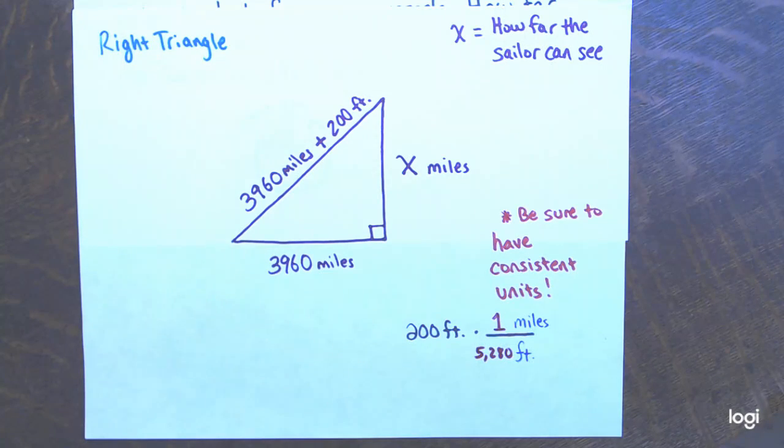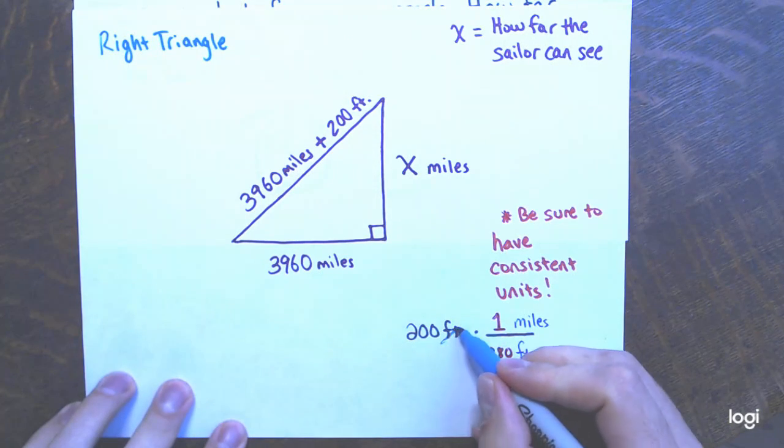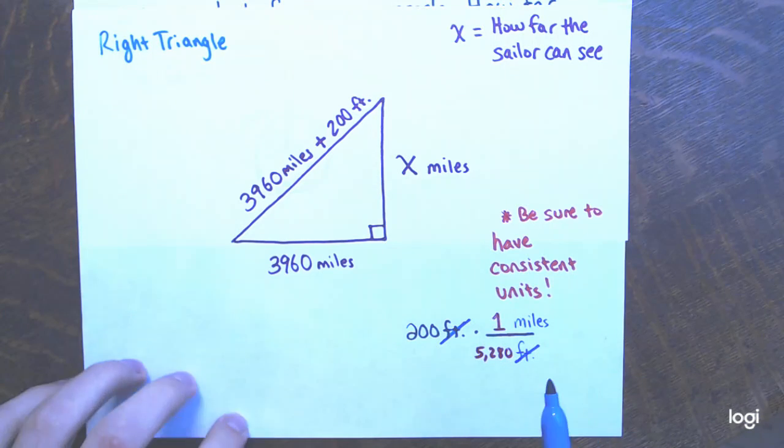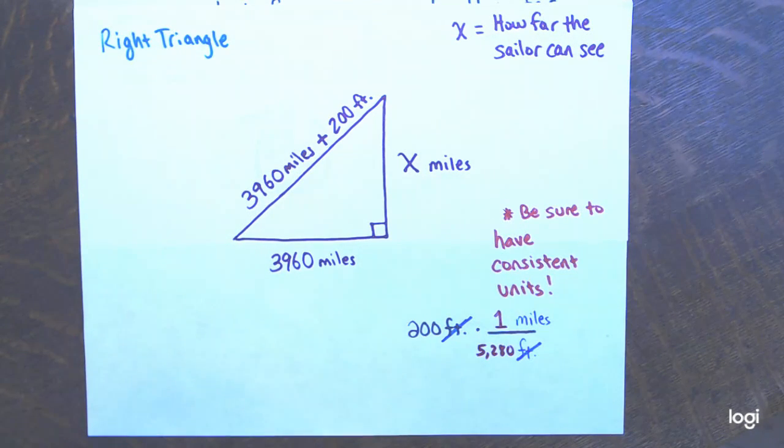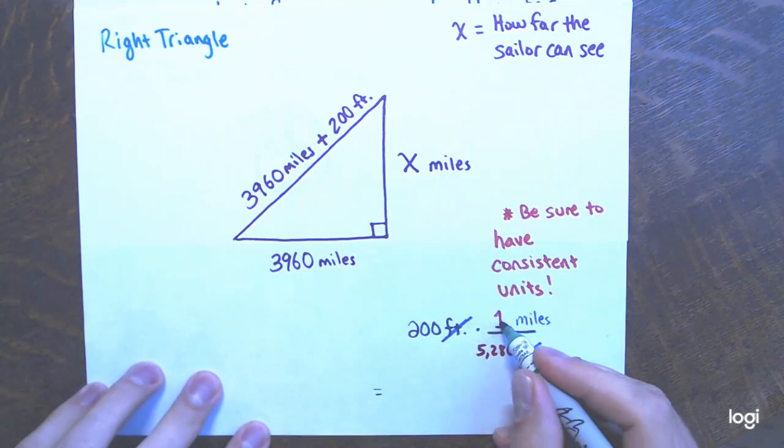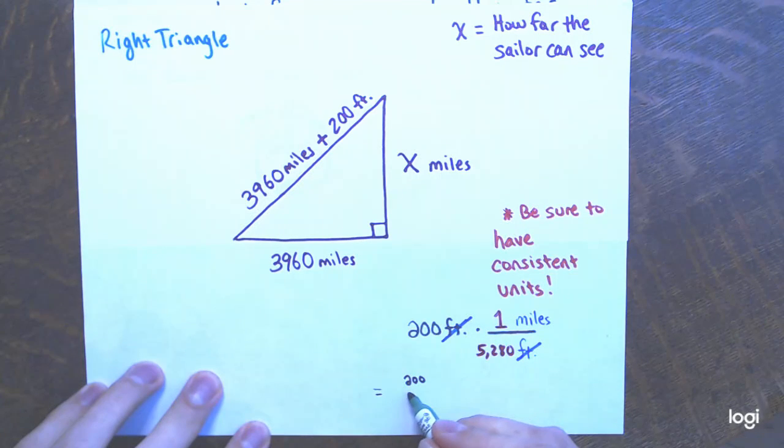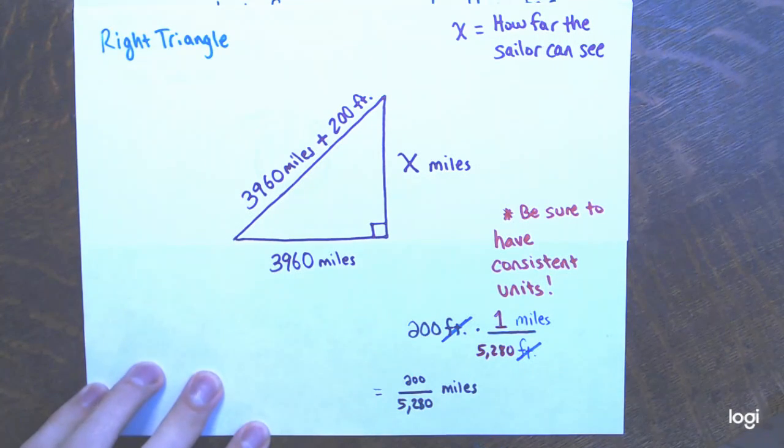So you see the feet will cancel, right? And what I'm left with is 200 times 1 in the numerator, 200 over 5,280 in the denominator. And this is how many miles 200 feet is, right?